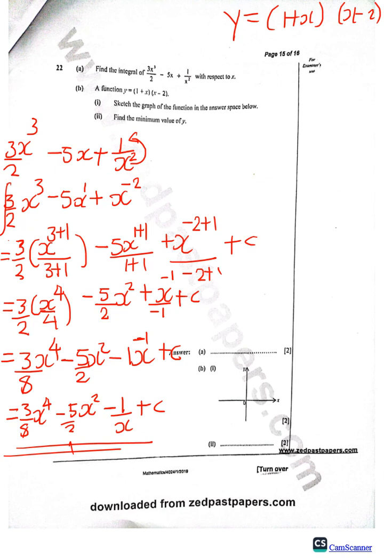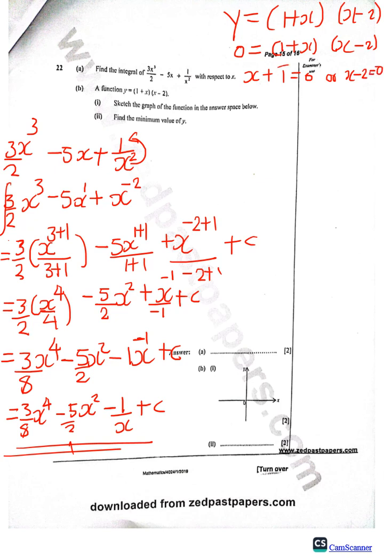Let's begin by finding x. For us to find the x, where there is y, we put 0. So 0 is equal to 1 plus x, x minus 2. Then we are going to equate each bracket to 0. So x plus 1 is equal to 0, or x minus 2 is also equal to 0.